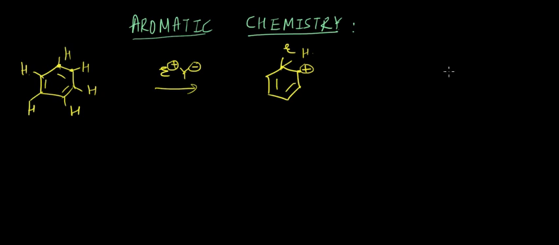Okay, and then the Y minus will come into the picture and will take care of H plus, hence again forming a double bond here. As this carbon atom would have a negative charge because H plus would be removed, the negative and positive carbon atoms will form a bond between themselves. Okay, so we would have something like this.